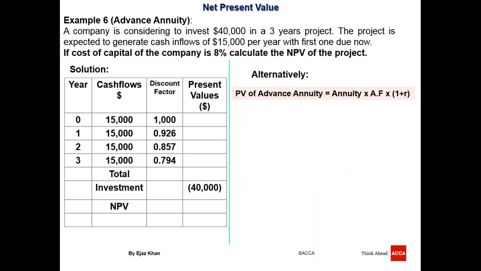Just go ahead and solve this question for me. Remember, the difference between this question and the previous example is that it starts from year 0. So just forget this amount for the time being. And you just solve it in a normal way, assuming that it starts from year 1 and ends at year 3.